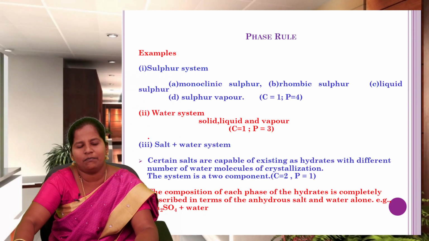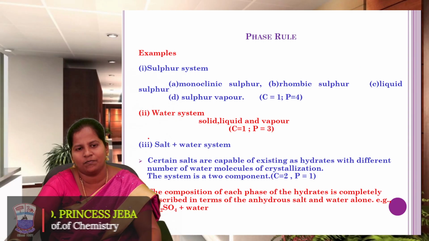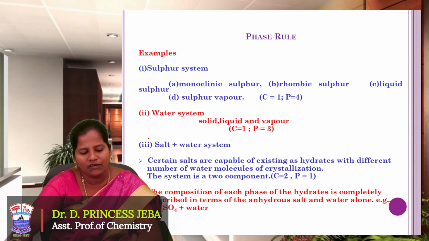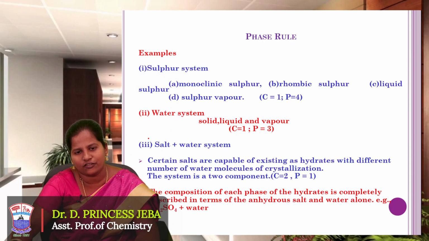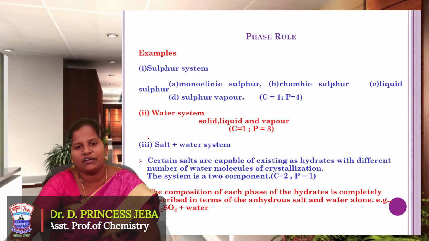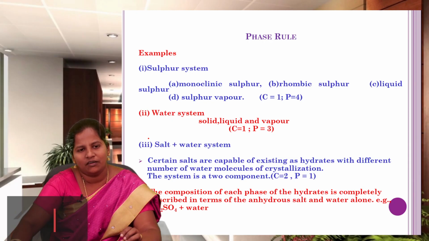For example, if you take the sulfur system, sulfur is a single component having the chemical formula S, whereas sulfur exists in 4 forms. One is monoclinic sulfur, which is in the solid state; rhombic sulfur, which is also in the solid phase; liquid sulfur, which is in the liquid phase; and sulfur vapor, which is in the vapor phase.